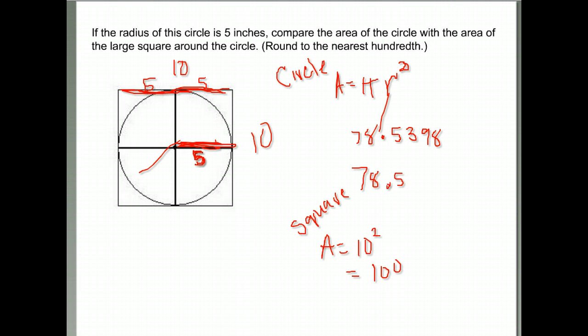I think they're inches. Okay, so really all we have to do here is take 100. They're right there on the board. The circle had an area of 78.5 square inches, and the square had an area of 100 square inches. So you just go ahead and subtract.